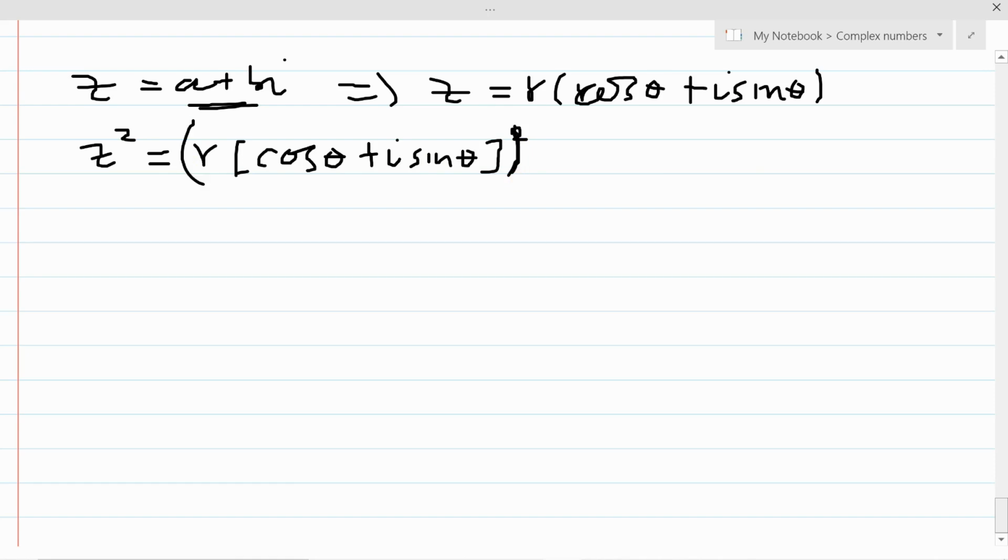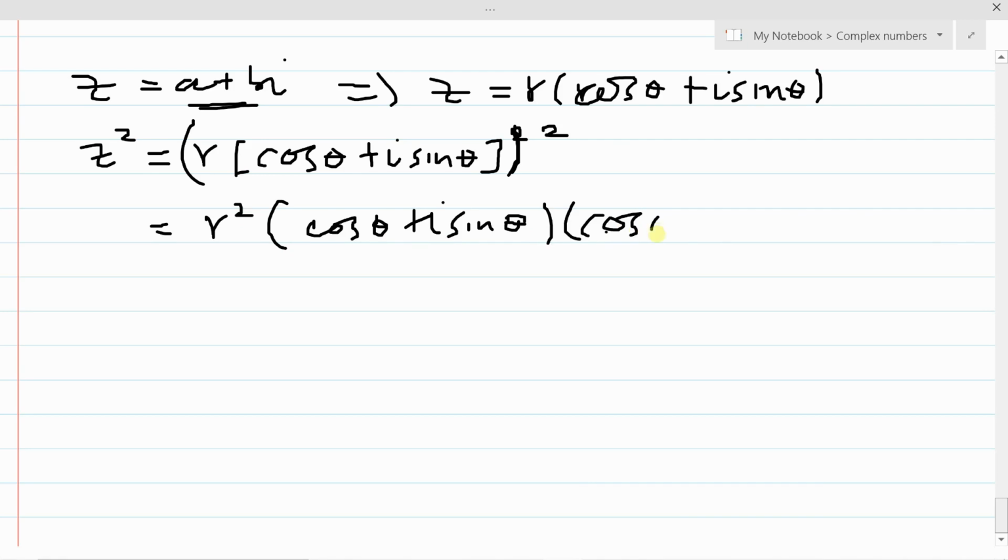So let's put everything in brackets. Now this will be equal to r squared times cos theta plus I sine theta, then times another cos theta plus I sine theta. Okay, so it's like you'll be expanding this.